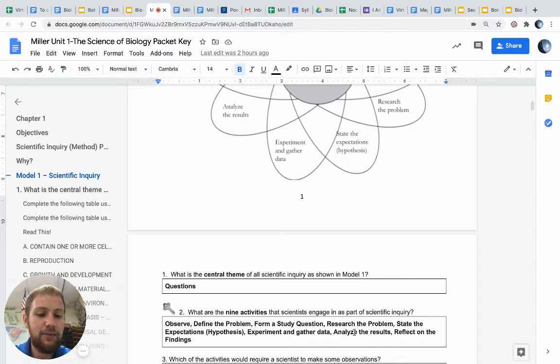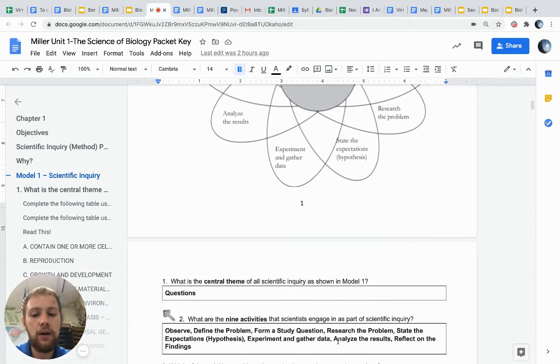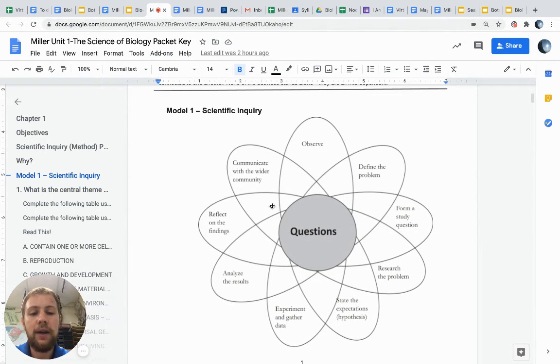They analyze results found in their experiments, and they reflect on their findings. In reflecting, oftentimes they think about whether or not these findings are what they would have predicted. So essentially, they either support their hypothesis or they reject their hypothesis. And notice all of these 9 activities are shown in the petals here of our flower, or in those ovals right there.